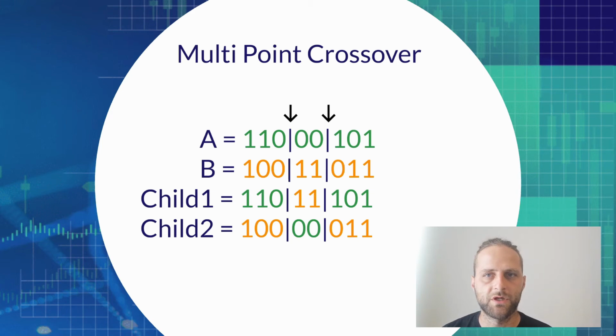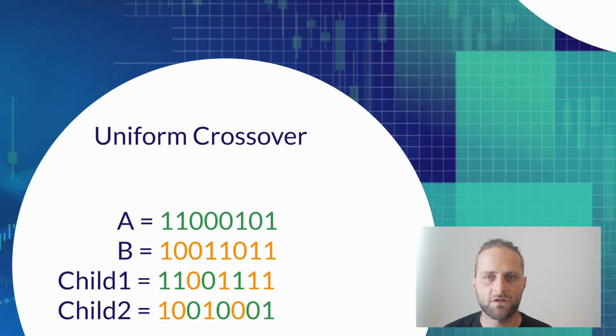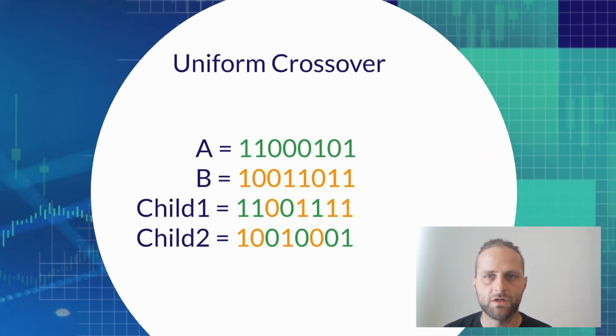First 3 bits from parent 2, bits 4 and 5 from parent 1, bits 6, 7 and 8 from parent 2. The final method is called the uniform crossover. This is where for each chromosome in part you decide if it's going to be from parent 1 or parent 2, and you decide that at random.